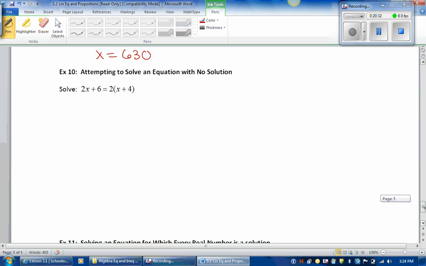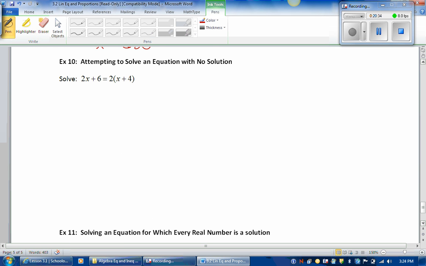Okay, just 2 more examples. We're almost done. Attempting to solve an equation that has no solution, this will eventually happen, so you have to know how to deal with these as well. The first thing you should notice is the right-hand side where you want to distribute. So you distribute that out.